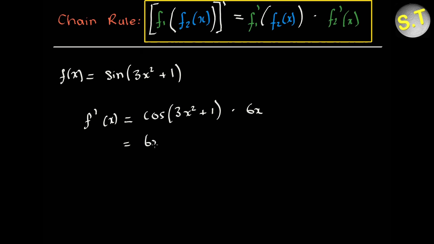Which is equal to 6x cosine of 3x squared plus 1.